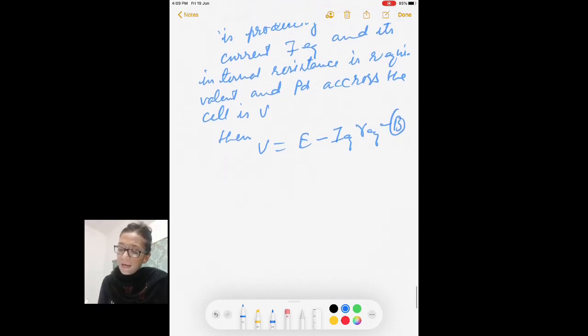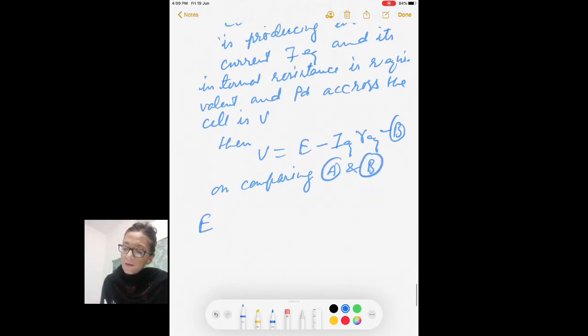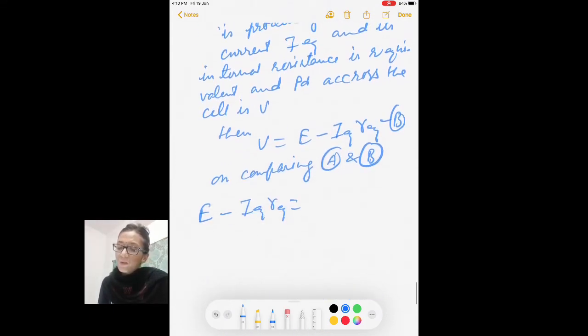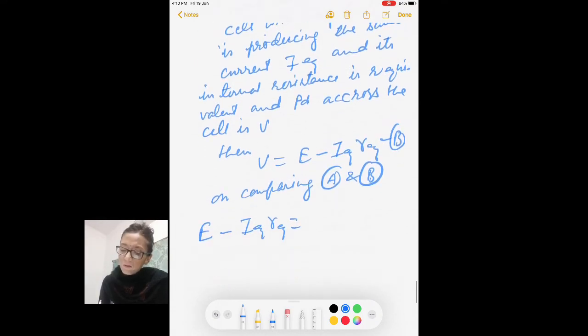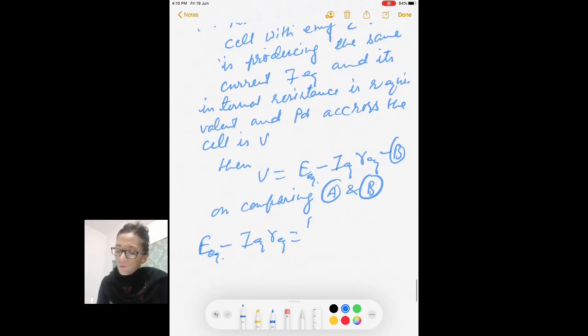So when you compare A and B, we find that E equivalent minus I equivalent R equivalent is equal to E1 R2 plus E2 R1 upon R1 plus R2 minus I equivalent into R1 R2 upon R1 plus R2.